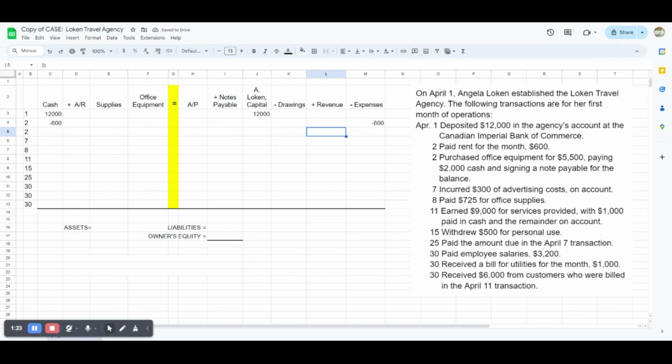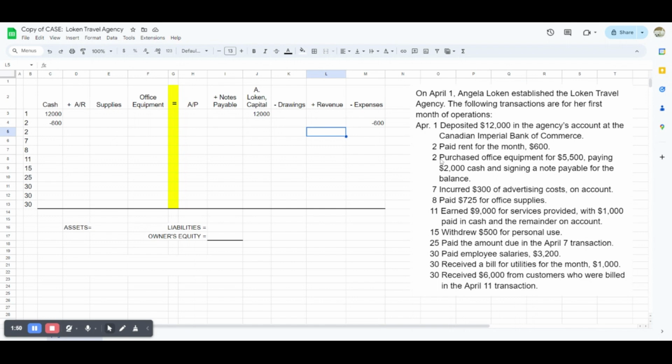Okay, next. Also April 2nd, purchased office equipment for $5,500, paying $2,000 cash, and signing a note payable for the balance. So what is happening right now? You bought office supplies, but you only paid $2,000, and you're going to pay the rest of it later.